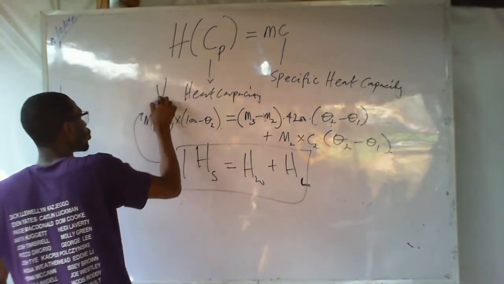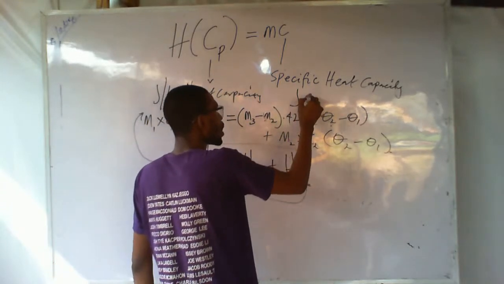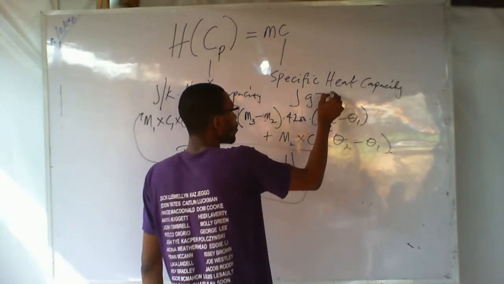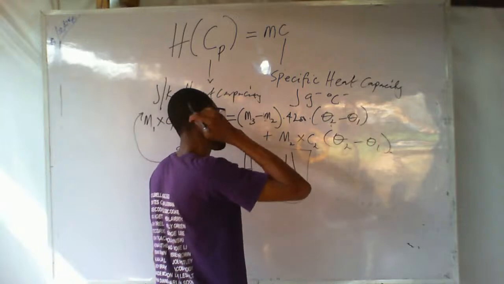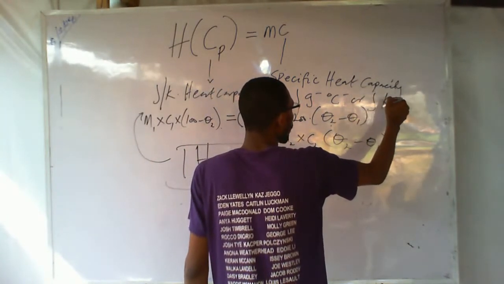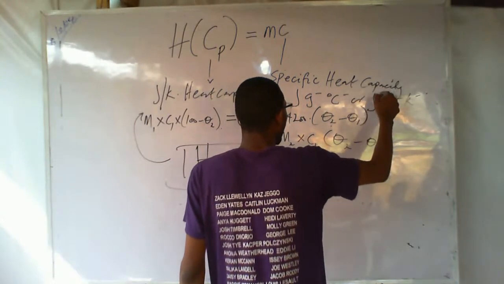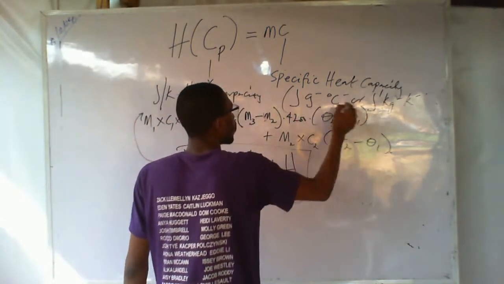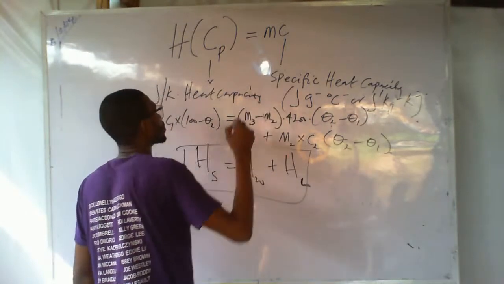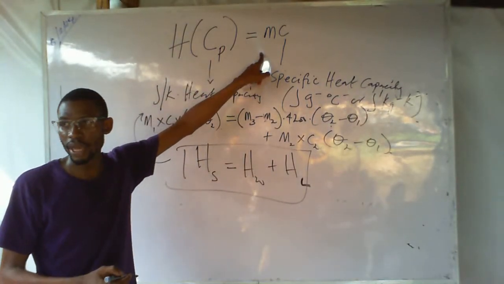This is measured in joule per Kelvin. This is measured in either joule per gram per Kelvin, or joule per kilogram per Kelvin. So the relationship between this and this is what you see here.